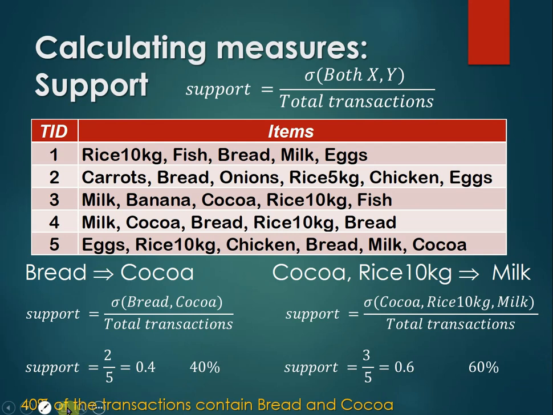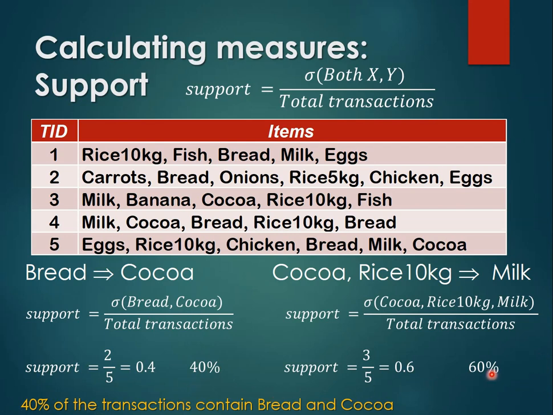For the first rule, 40% of the transactions contain both bread and cocoa.